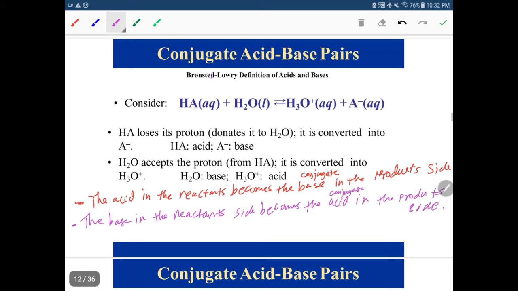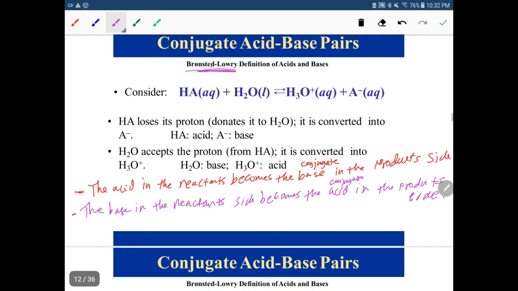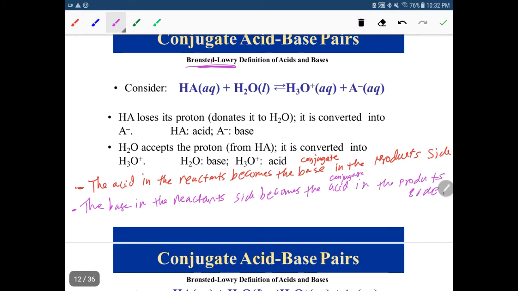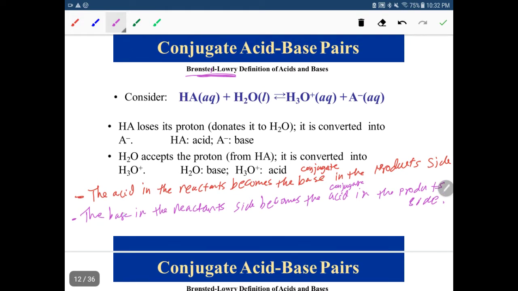Now we're gonna talk about the conjugate acid base pairs concept in the Bronsted-Lowry theory. In this theory, to identify the conjugate acid base pairs, the acid in the reactant side becomes the conjugate base in the product side, and the base in the reactant side becomes the conjugate acid in the product side.